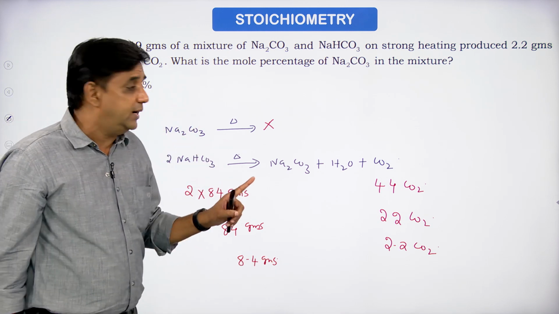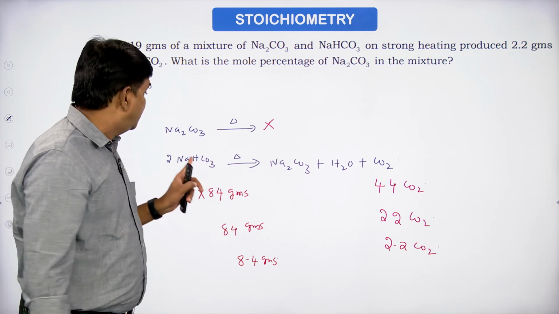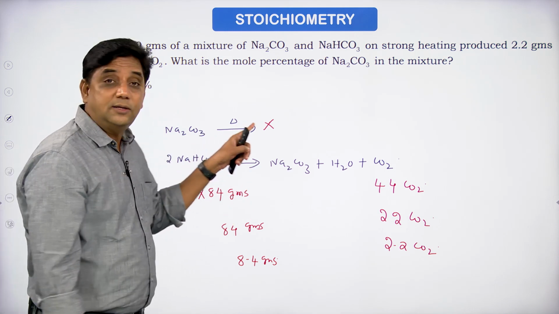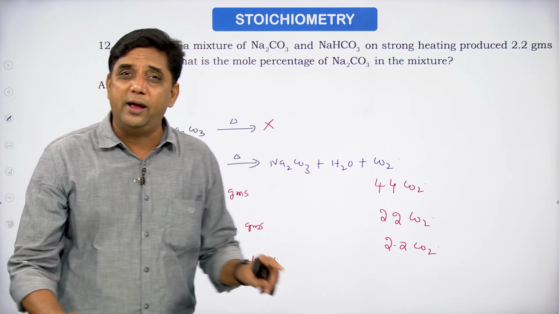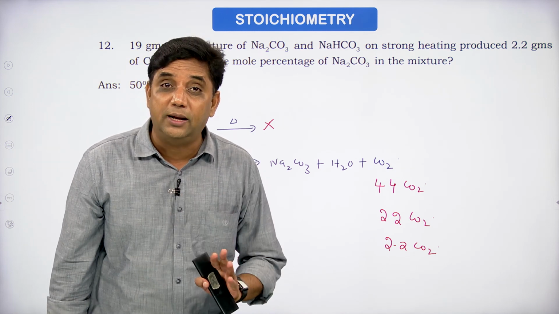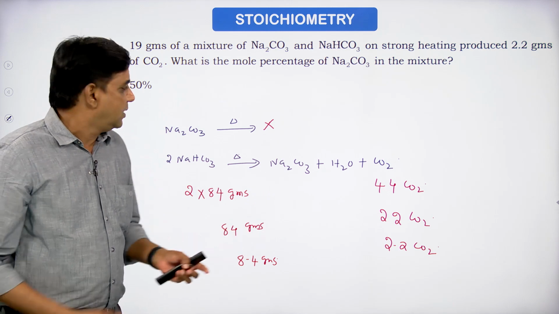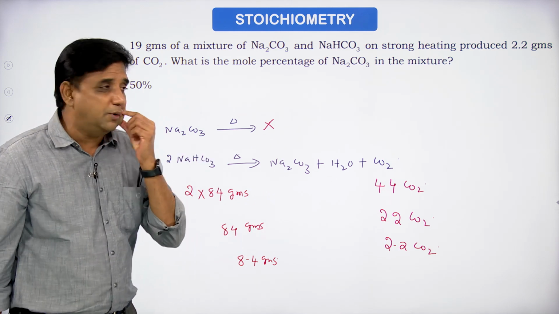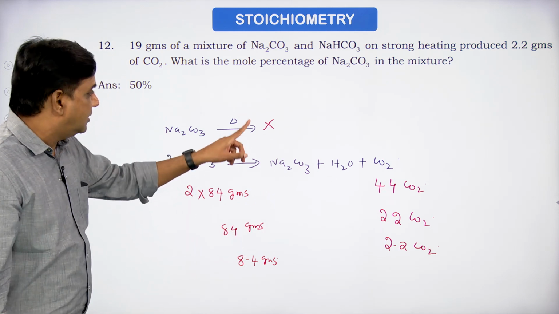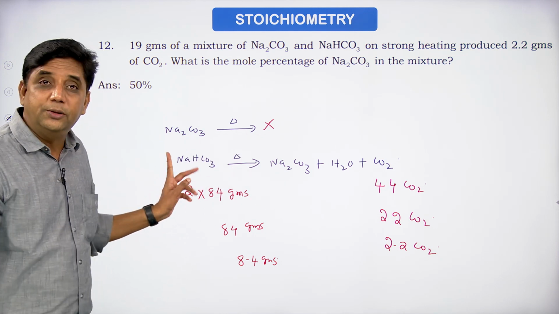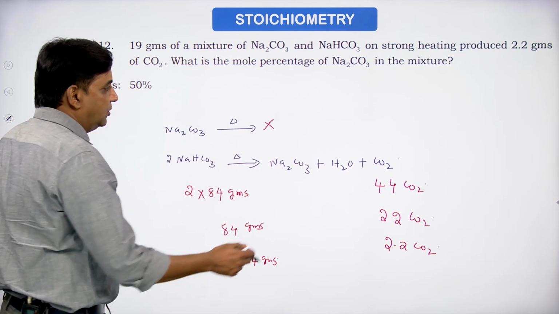And carbon dioxide is released only because of the decomposition of sodium bicarbonate, not because of the sodium carbonate, because sodium carbonate is thermally highly stable, it never undergoes decomposition. This is advanced level. So, as it doesn't undergo decomposition, all the CO2 must have been produced by sodium bicarbonate only.